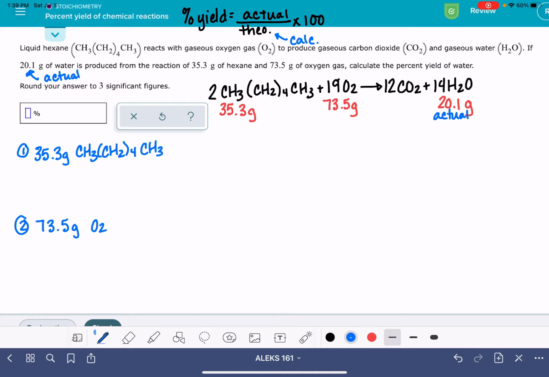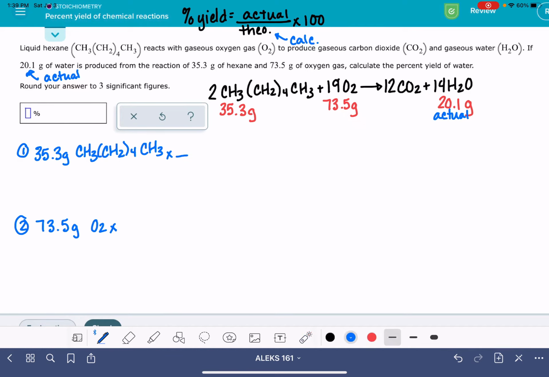So like I said, this problem is super tedious. We're going to do 2 calculations, calculating the theoretical amount of water that we can produce from the hexane. We're also going to do that same calculation for the O2. What's the amount of H2O that we could make from the O2?